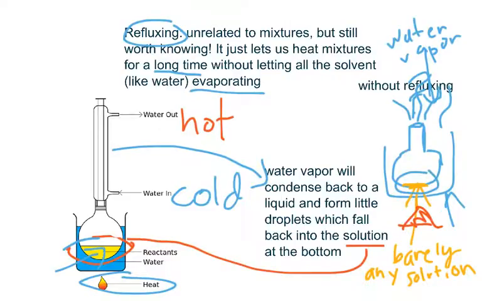And remember, we want to heat a mixture without letting all the solvent evaporating. So we don't want this to happen. We don't want to have barely any solution. We want to have a full amount of solution.